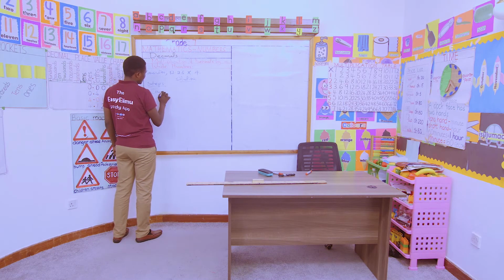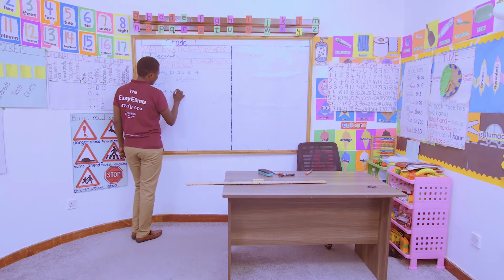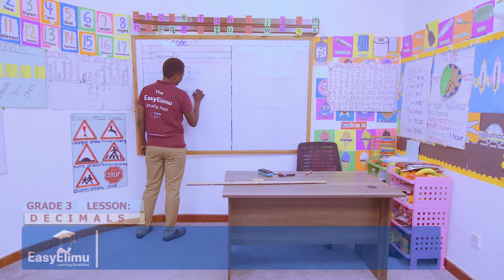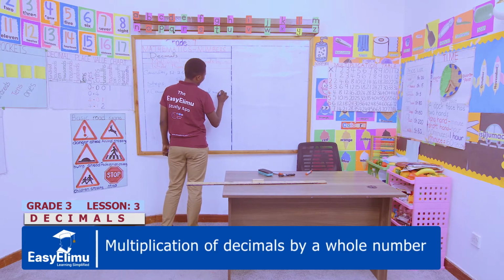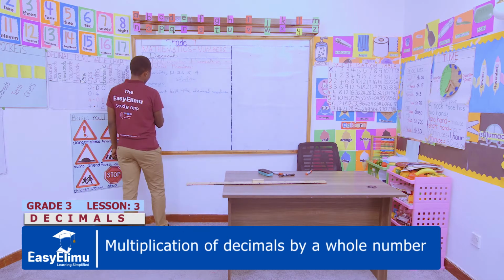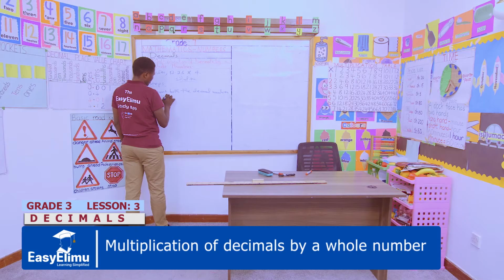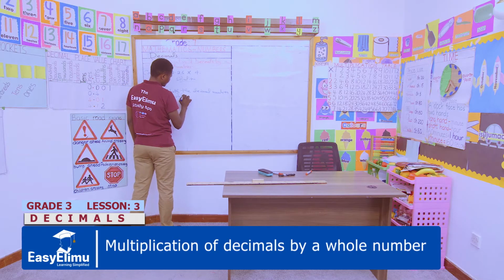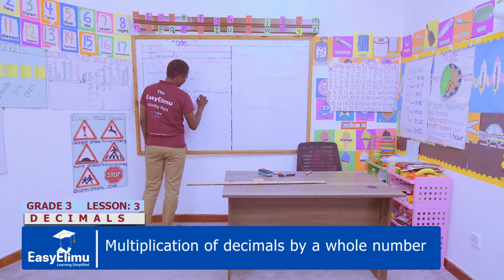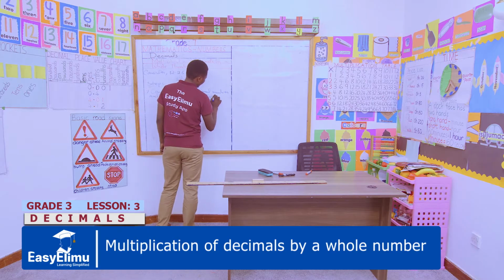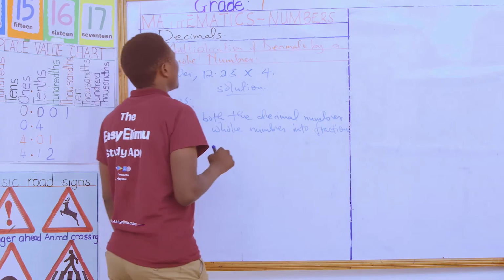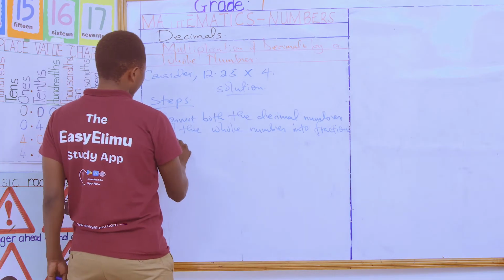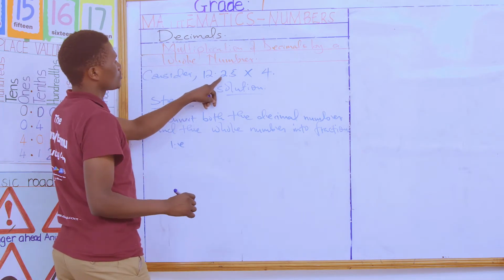convert both the decimal number and the whole number into fractions. That is 12.25.